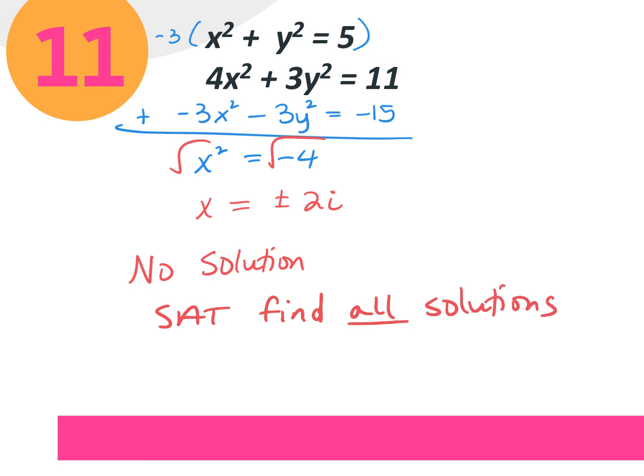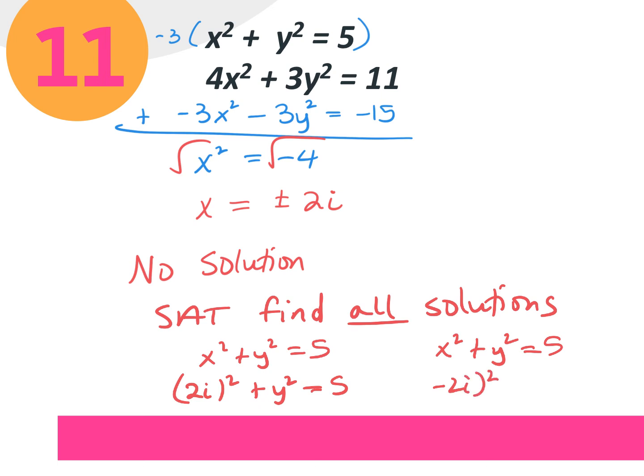So if I take my newly found x value and I plug it back into the circle, x squared plus y squared equals 5. If I plug it in here, I get 2i squared plus y squared equals 5. I also have to plug in the negative 2i.